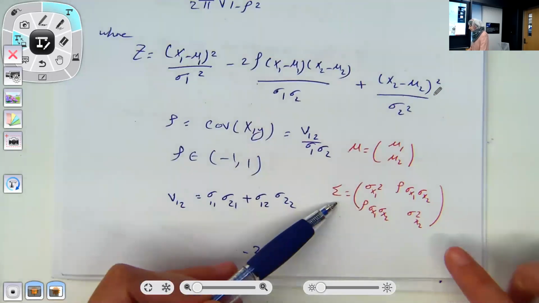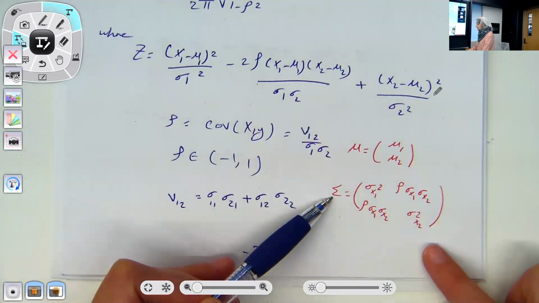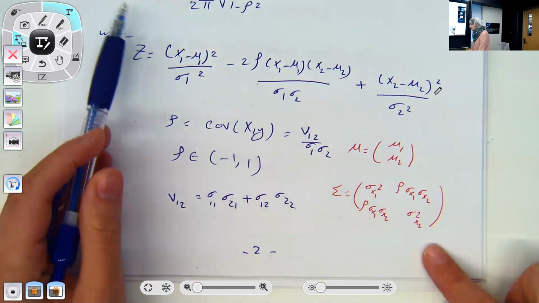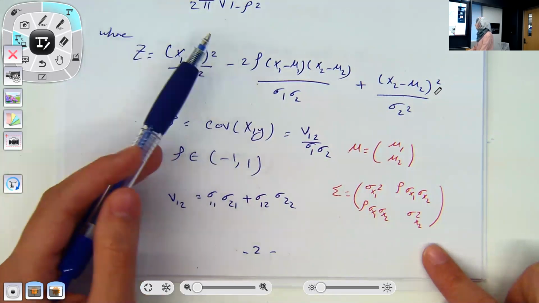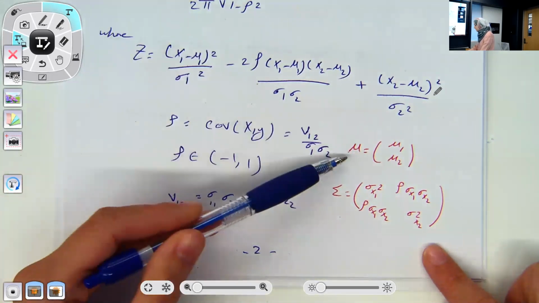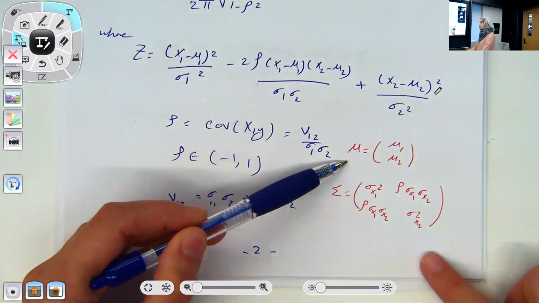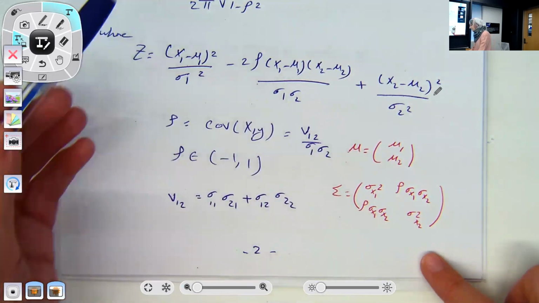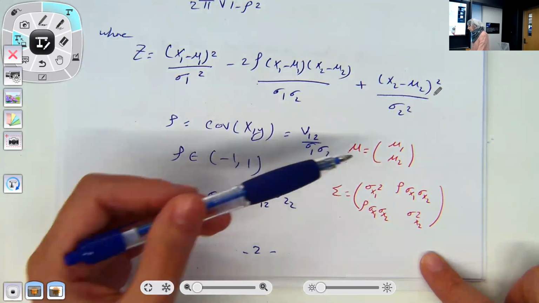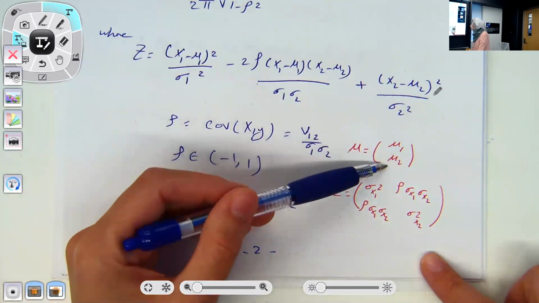In general, this function has two parameters, mu and sigma. The mu is a vector because we have two different random variables, x1 and x2. Mu equals mu1 and mu2.